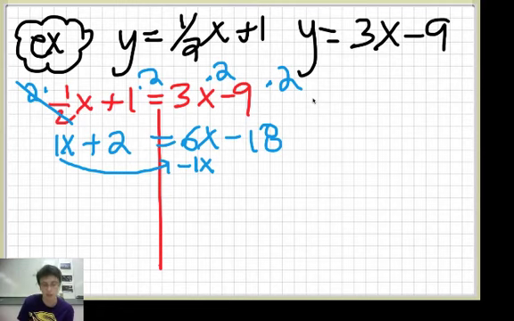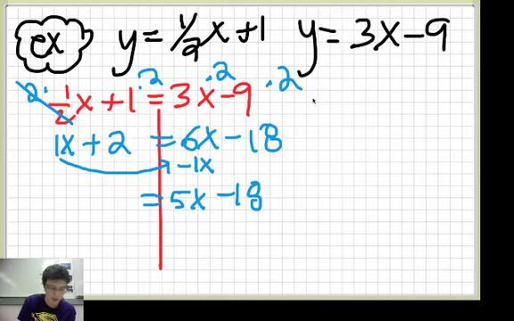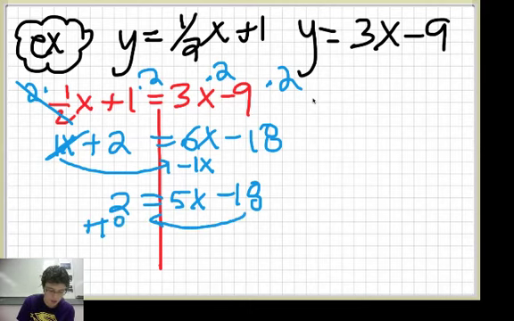So 6 minus 1 is 5x. So I have 5x minus 18. And on the other side, now that the 1x is gone, I still have a 2. So I'll move the 18 over to this side, make it a positive 18. And 18 and 2 added together make 20, so I have 20 equals 5x.